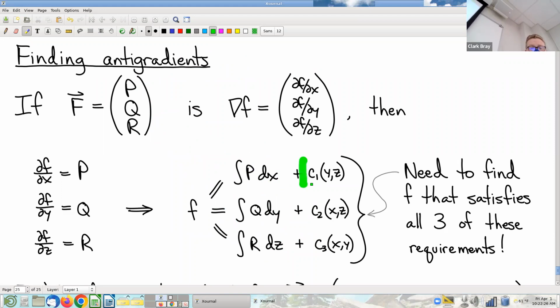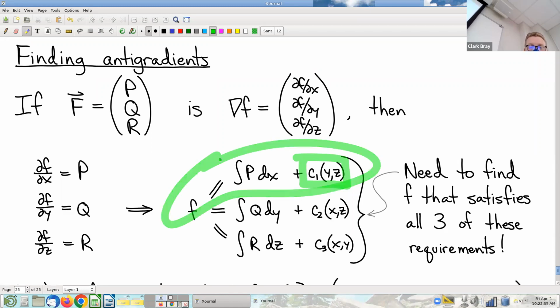The whole reason that we have this thing that I'm calling C1 is that f has to be something that when I take the x partial, I get P. So that arranges for the x partial to be P. But if I were to add in anything whose x partial is 0, it doesn't change anything, right?